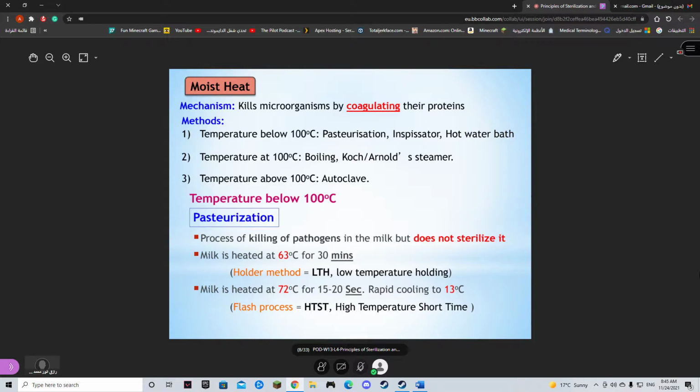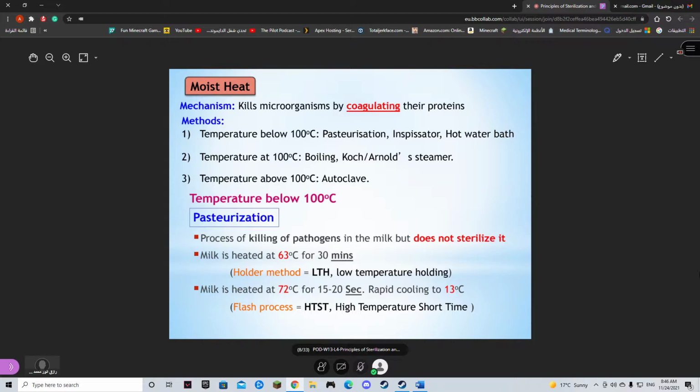Even small hospitals and dental clinics have a pressure-cooker-like autoclave where they put their things and sterilize them. There are three categories: temperature below 100 degrees Celsius, at 100 degrees Celsius, and above 100 degrees Celsius. So we have different examples. I know these are high-level concepts, but they will be covered, inshallah.